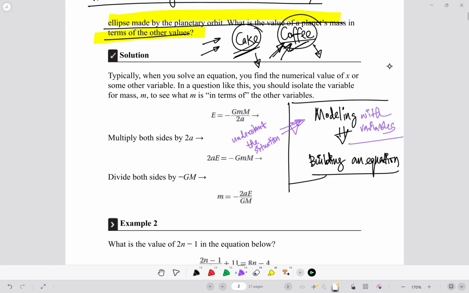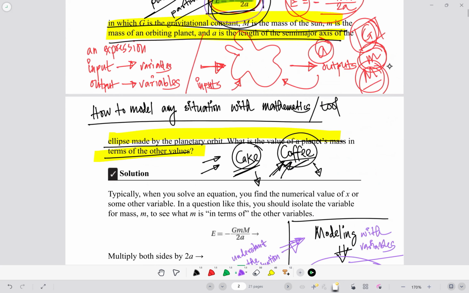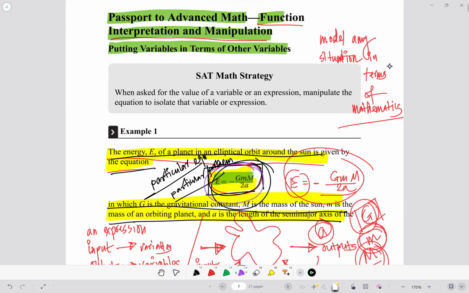The output is that you build an equation, and then solve the equation with values given or assumed. This is what the whole scenario looks like, the exact same scenario as function, interpretation, and manipulation.